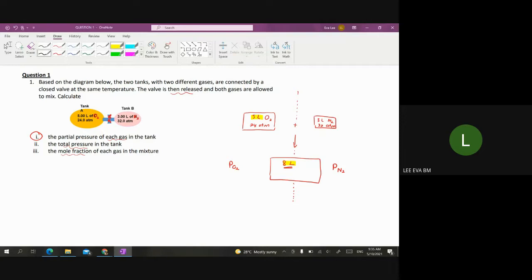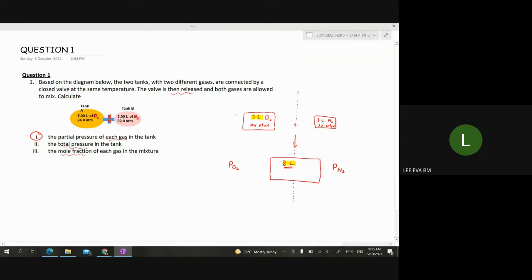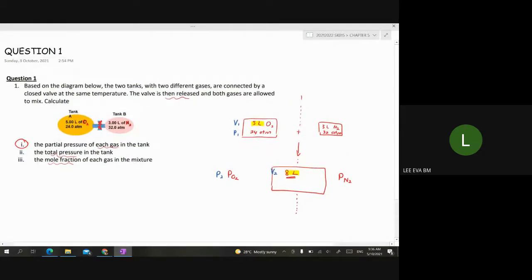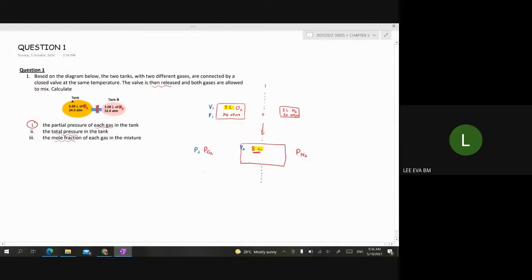I will draw something for you. Let's say this is my V1, this is my P1. Now I have my V2 and this is my P2. P2 is what I want to find for oxygen. So let's do some calculations. This is the calculation for question 1. For oxygen gas, we apply P1 V1 equals P2 V2.